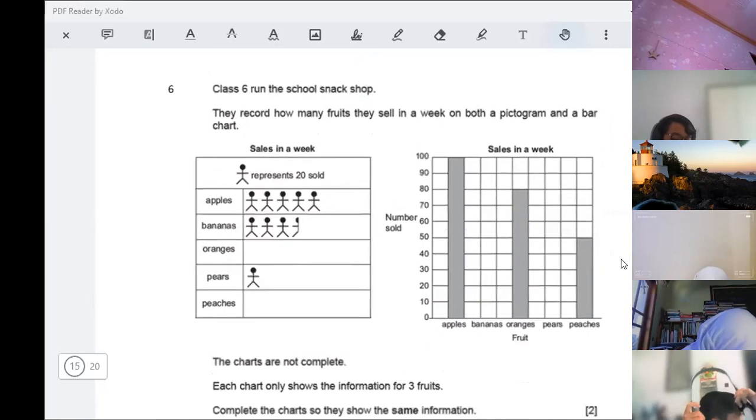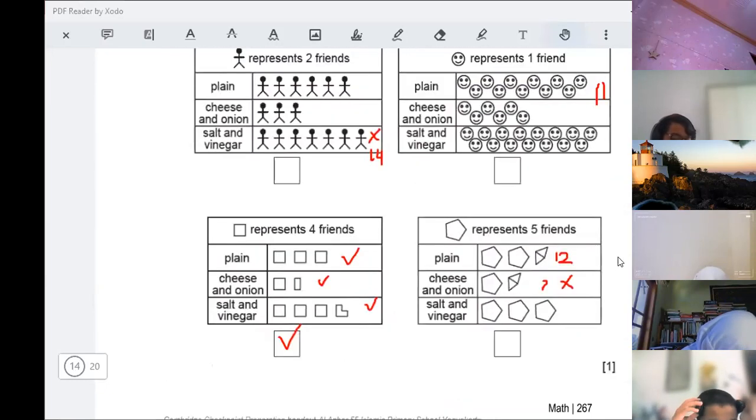Next. Okay, for this, any question first?